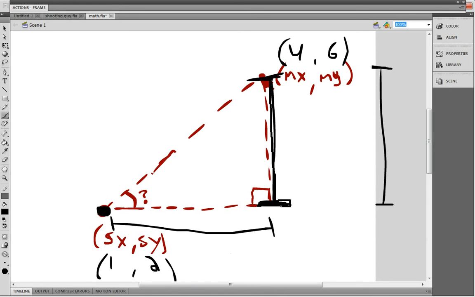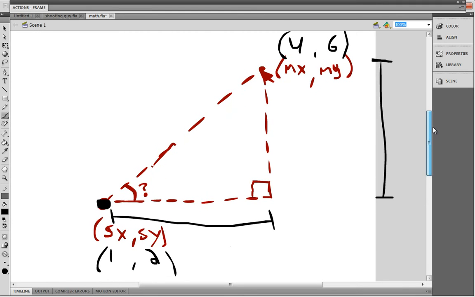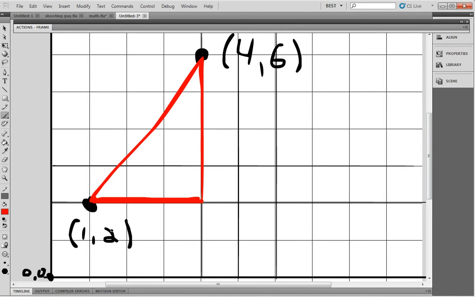Well, I'm stumped. I can't really remember. I'm sure I already did that, but I can't remember. No problem. How could I explain that to you? Now, 6 minus 2. What would be the length of this side?